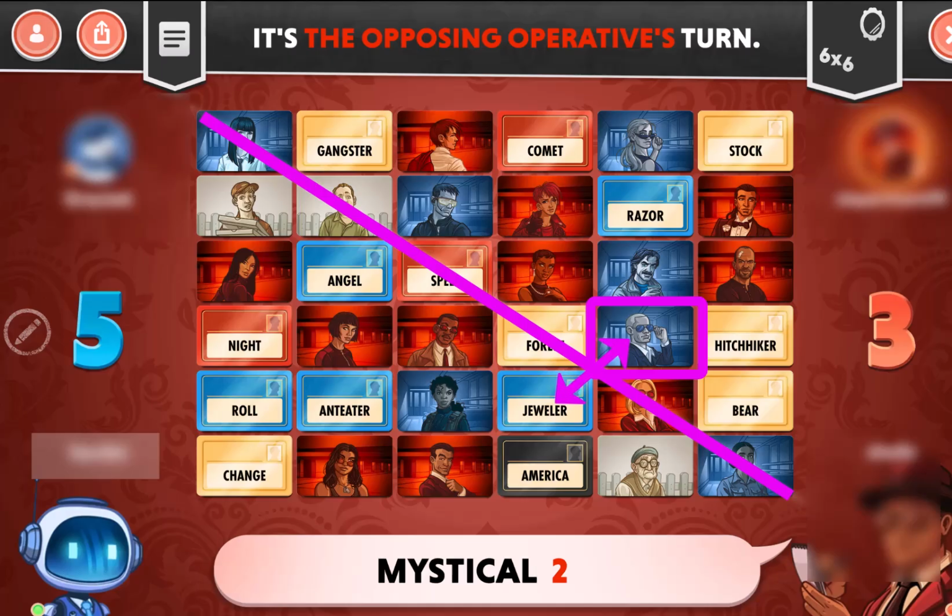We can see that the blue square labeled jeweler must be blue. Now, on your version, this is still yellow. Because I'm the spy master, I get to see that it's already blue, so that makes it obvious. But even if it were yellow, we would know it had to be blue because it matches up with this one that we've already identified.